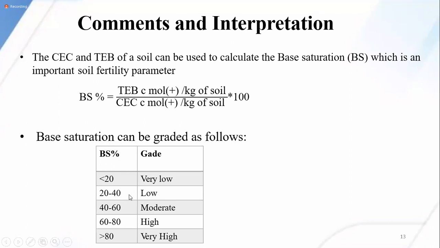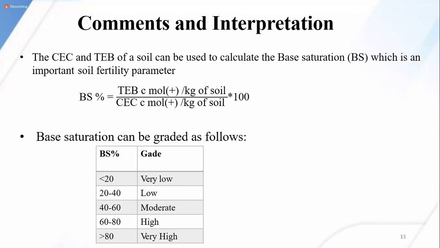For this soil, do we need to do any management practices? If the base saturation percentage is high, we need to do some management practices.